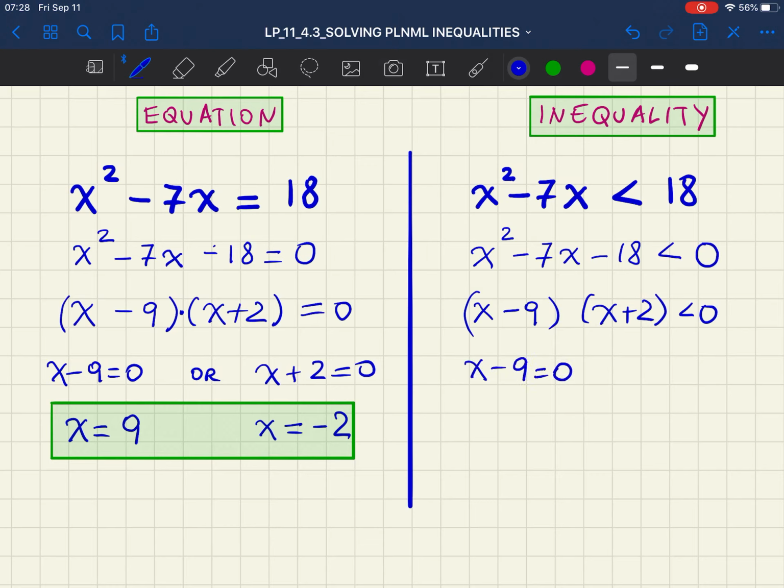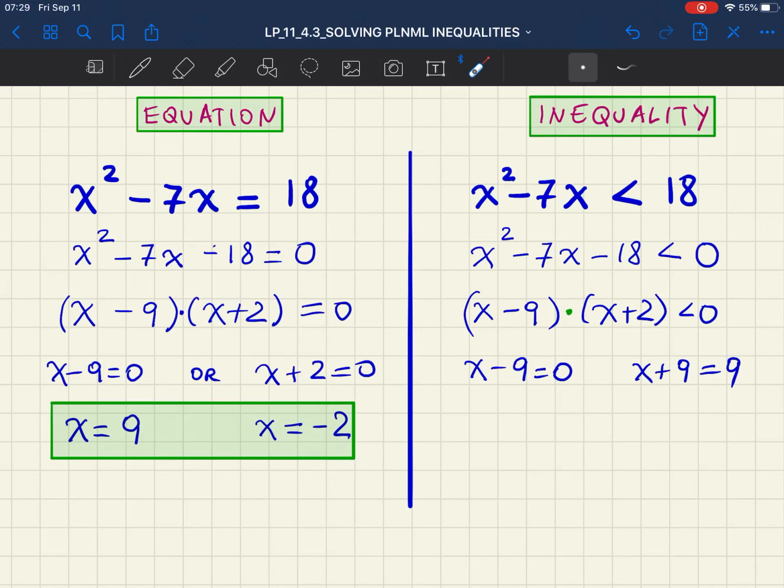Now, when it comes to inequality, we still have to make each factor equal to 0. Remember that in an inequality, we are trying to figure out for what values of x the product of these two factors would be negative. You can imagine that when we multiply two numbers, the product will be less than 0, or negative, when they have opposite signs.